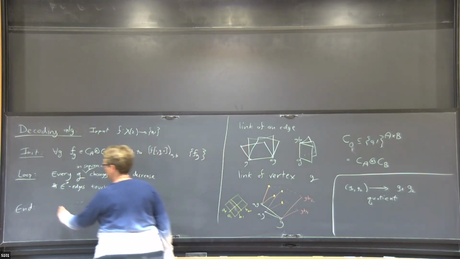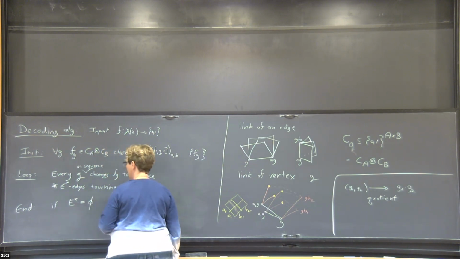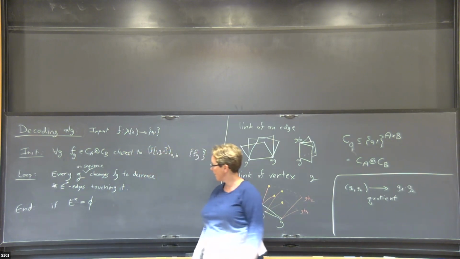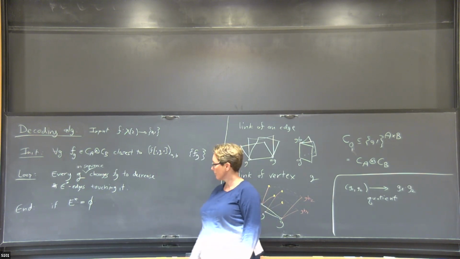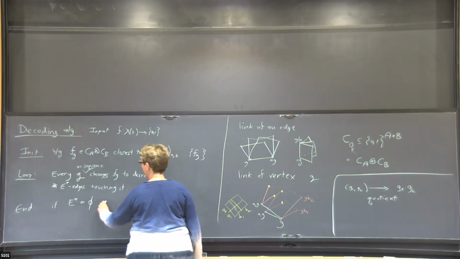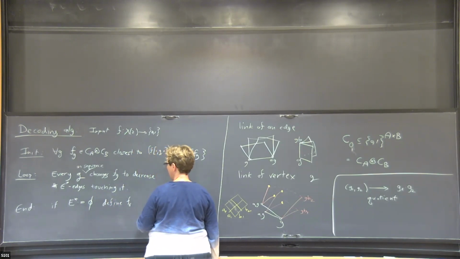If E star is empty, then why is it clear that this loop ends? Because each time E star decreases. If E star is empty, then we define F star.